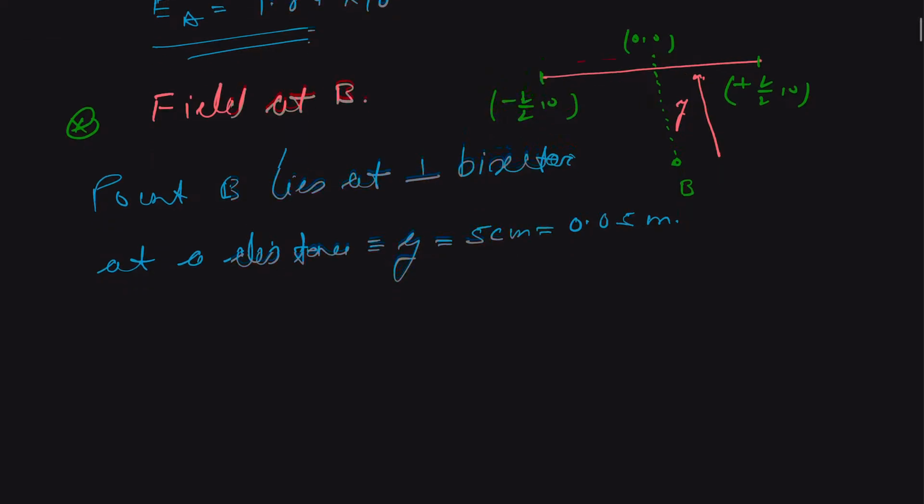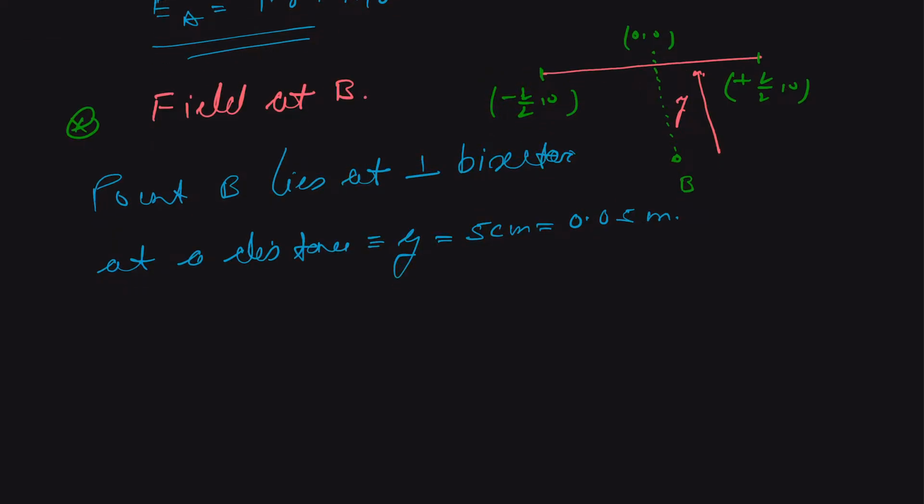We already know that whenever there is a point which is at the perpendicular bisector of the rod, and we have to find out the electric field, then the horizontal component is going to cancel out from one end and the other end. So electric field we can divide into two components, and this horizontal component will be balanced out, and that happens because of the symmetry.